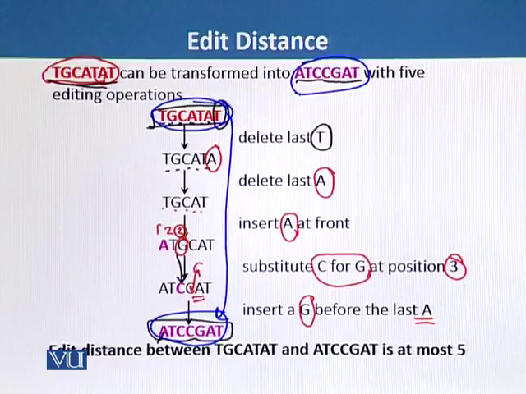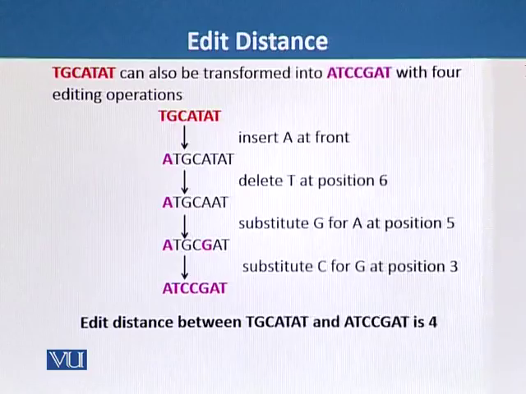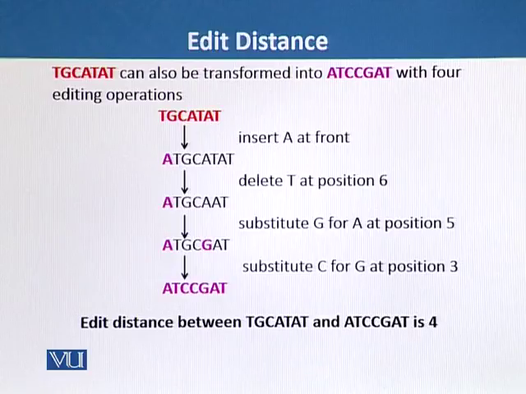So by using many editing processes, we have come up with this, and this is called the edit distance. So we have seen in the previous that we used 5 steps to transform this sequence. This is the same sequence and we transformed it into this sequence, and we have used 5 steps.